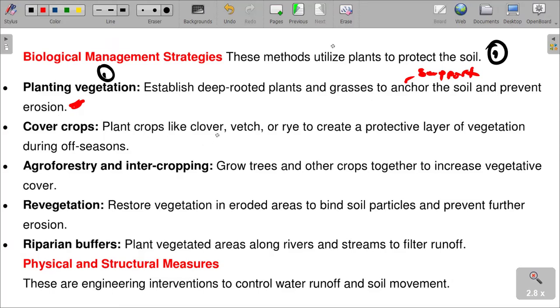Cover crops, like clover, create a protective layer of vegetation during off seasons.